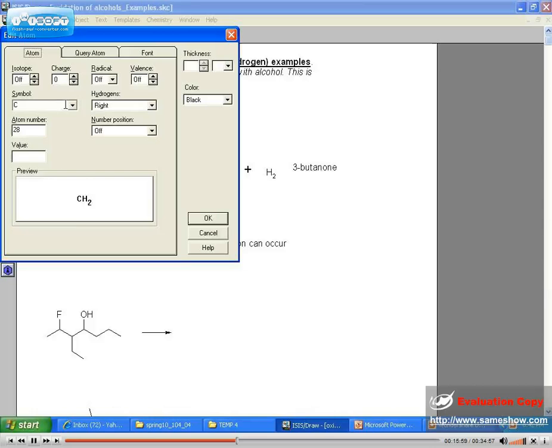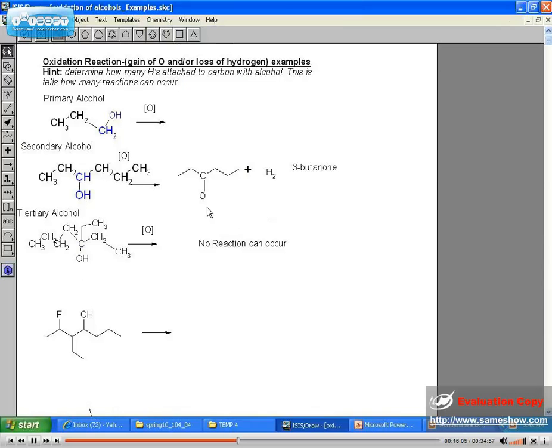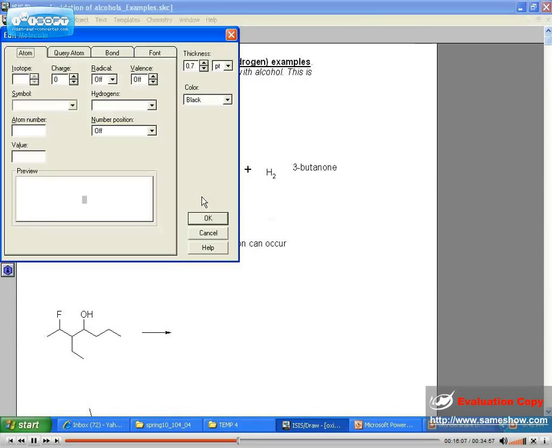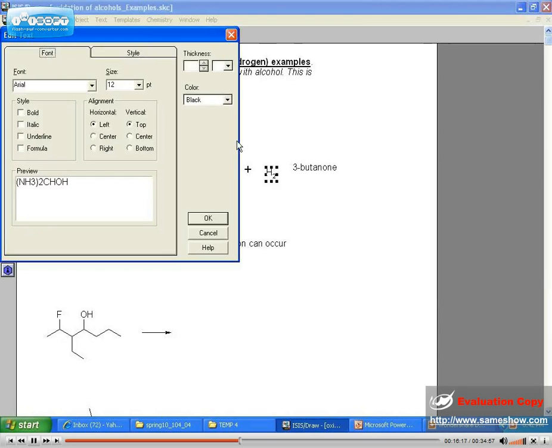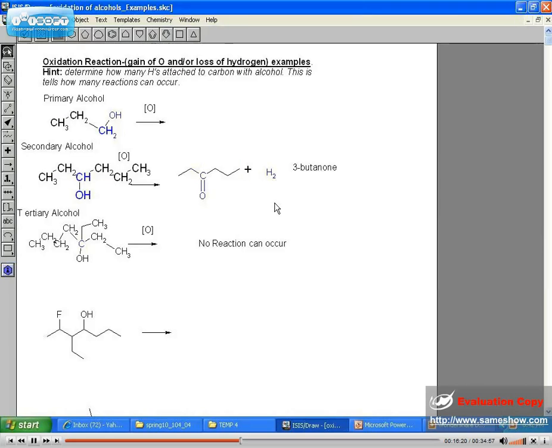Turn that back into an oxygen. Where's the oxygen? There you go. So voila. And the hydrogens that had come off will go ahead and form hydrogen gas, H2. And I'll highlight this in blue.